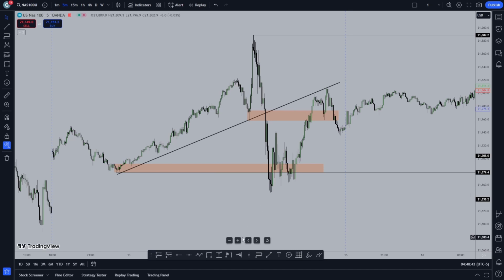If a big institution wants to place a big lot size, like 1,000 lots, or 10,000 lots, there is no liquidity at that moment for 1,000 or 10,000 lots. So what they will do is create a fake narrative. You can see this fake narrative: the market is crashing.